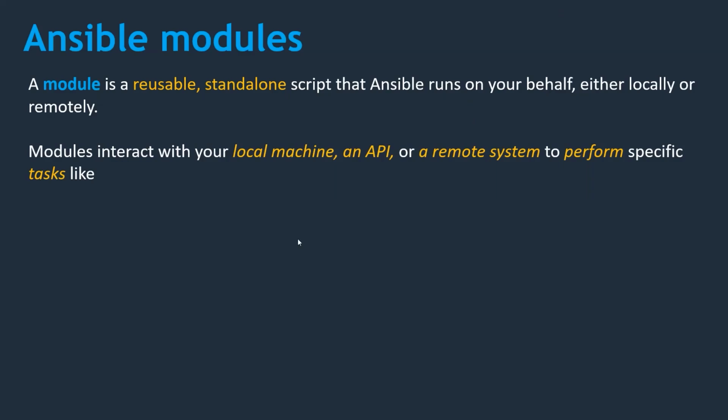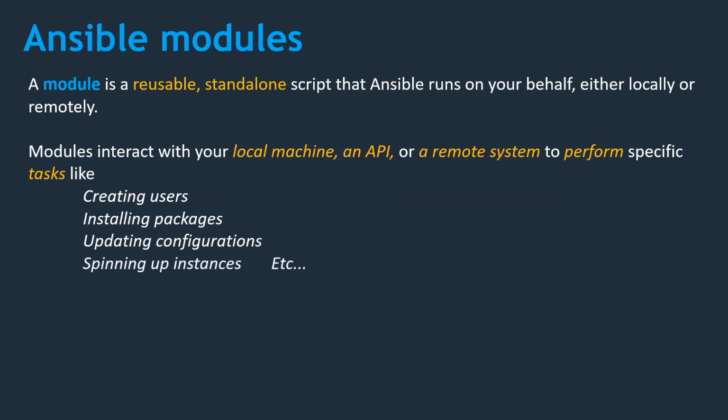Whenever I say specific activities, those are activities like creating users, we tried this, and installing packages, we tried this. Updating configuration, maybe we haven't tried it. Spinning up instances, still we haven't tried this one. Like this, there are various modules which are able to fulfill this kind of tasks.